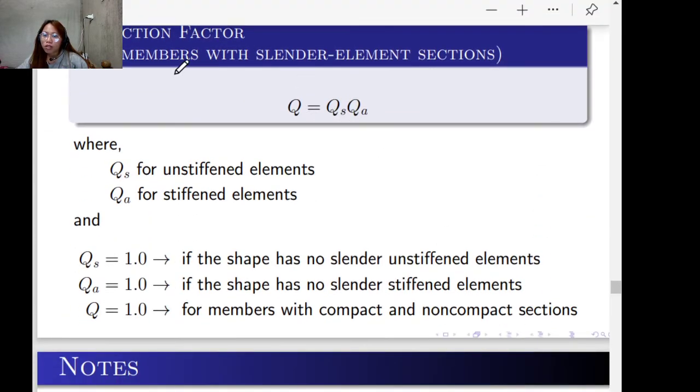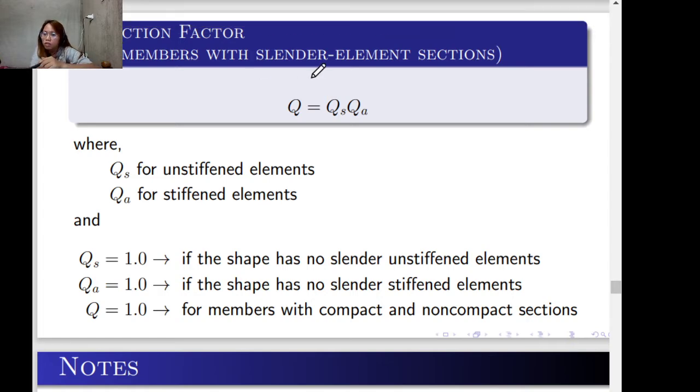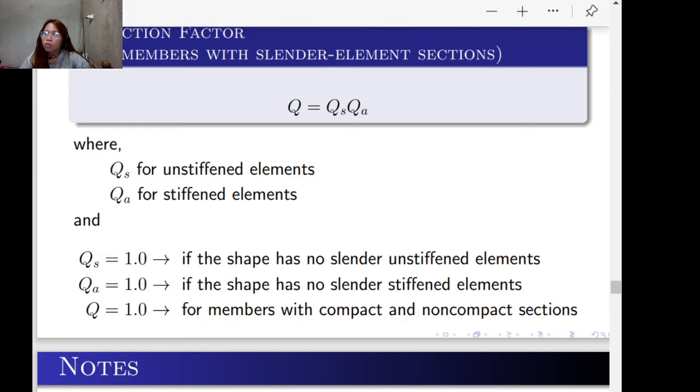For the reduction factor Q, especially for members with slender element sections, or those with width thickness ratio greater than the non-compact limit, Q is equal to Q sub S times Q sub A.